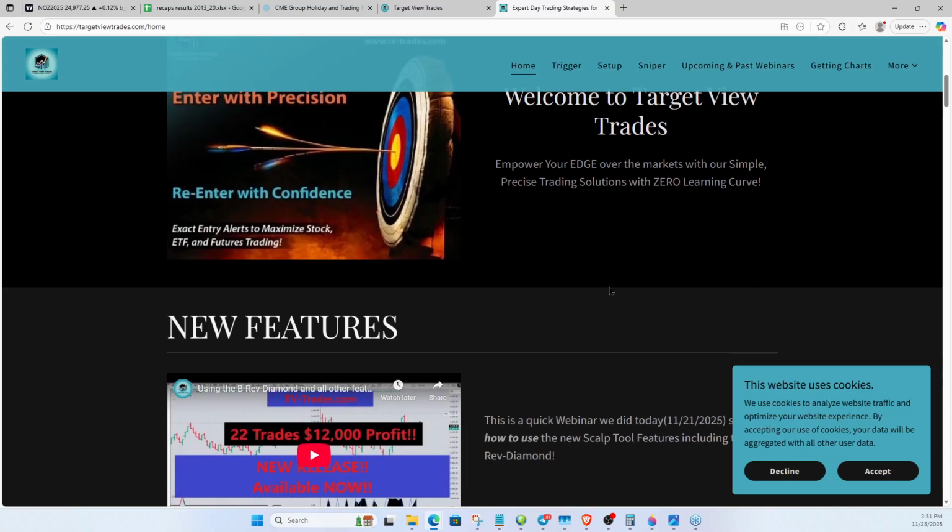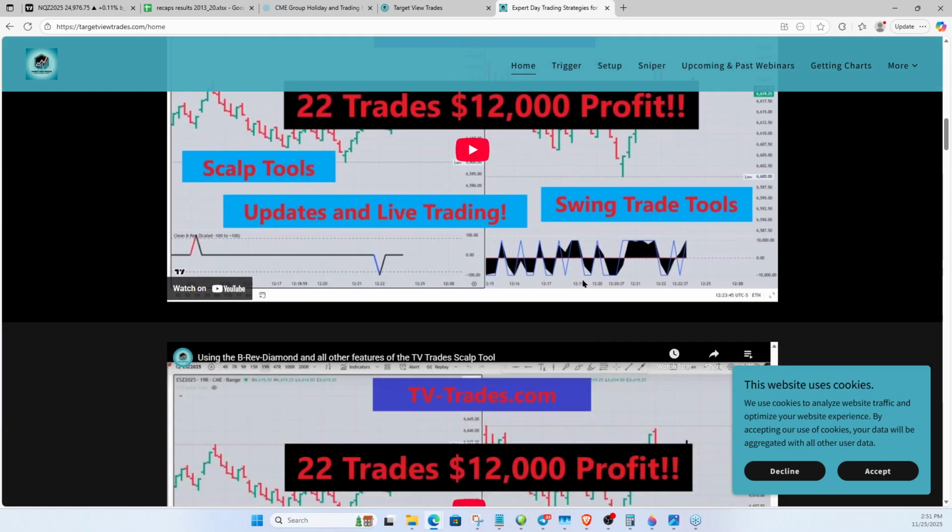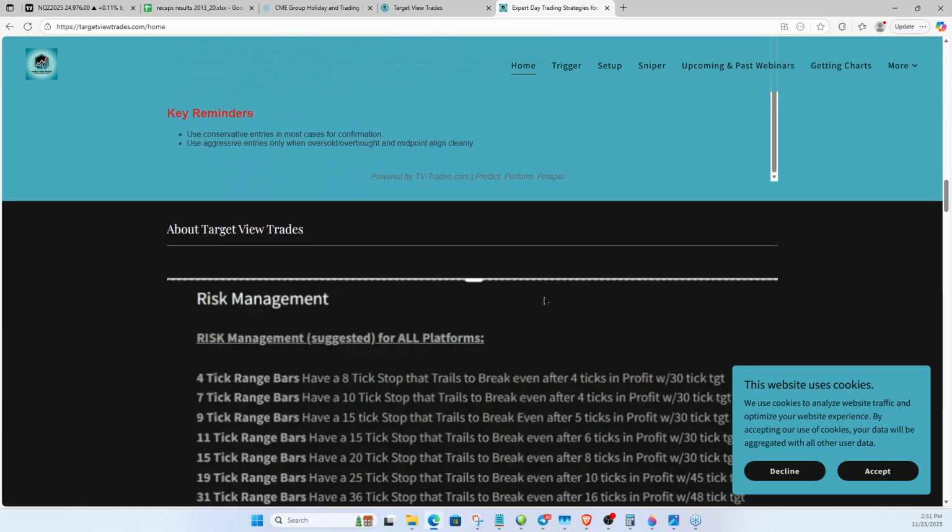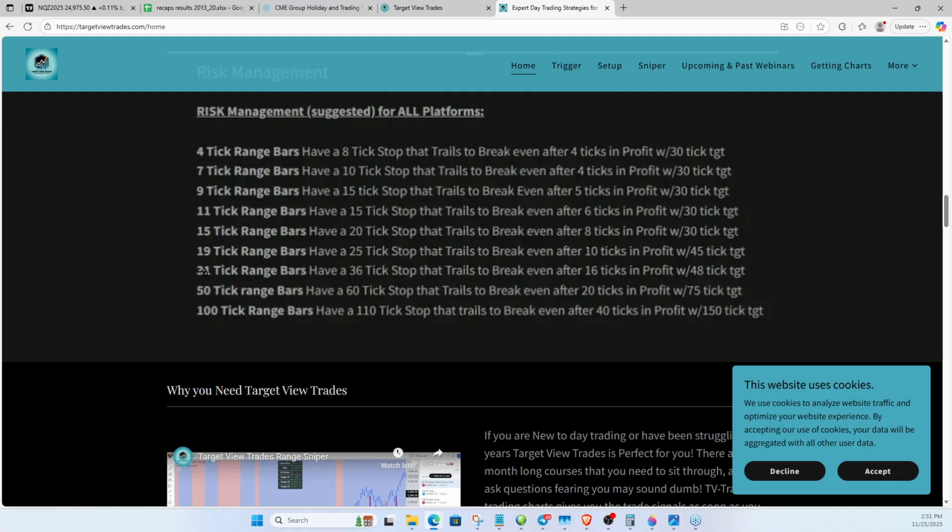Well, on the home page I have the risk management stuff right here. I don't have a 39 on here, so I'm using the 31 that has a 36 tick stop that goes to break even after 16 ticks. It actually goes to break even +4 after 16 ticks. And for the 47 range, I'm using the 50. It has a 60 tick stop that trails to break even after 20 ticks in profit with a 75 tick target. That's what I use for the 47 range.